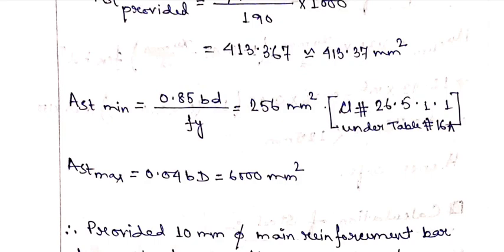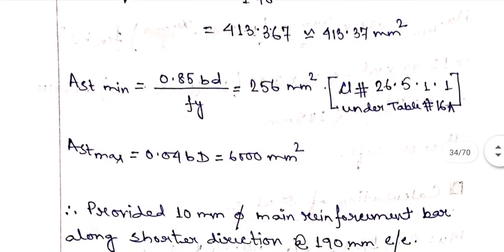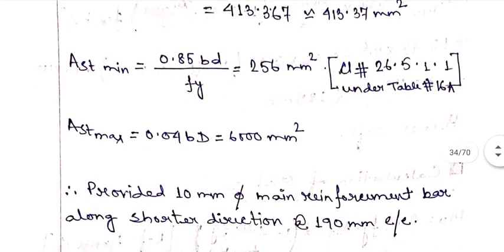So the value of AST provided lies between this minimum and maximum, hence this is okay. So we can provide 10 mm main reinforcement bars along the shorter direction at the rate of 190 mm center to center. But let's check once the clause number 26.5.1.1 condition.